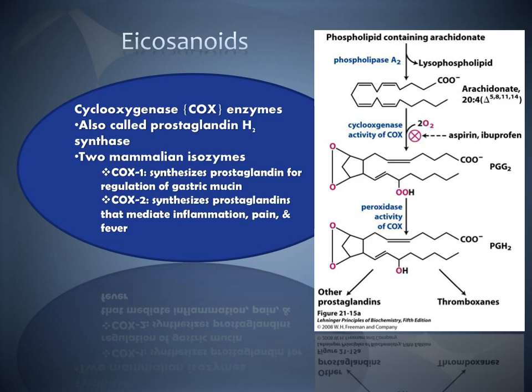Technically, there's 4 oxygens, because we have an O2 here and we have an O2 there, so these are dioxygenases. Then there's a peroxidase activity that transforms that carboxylic acid into an alcohol here. And then this goes on, this is PGH2. PGH2 then goes on to make either prostaglandins or thromboxanes, which we've talked about, which has a whole host of things like vasodilation, inflammation, things like that.